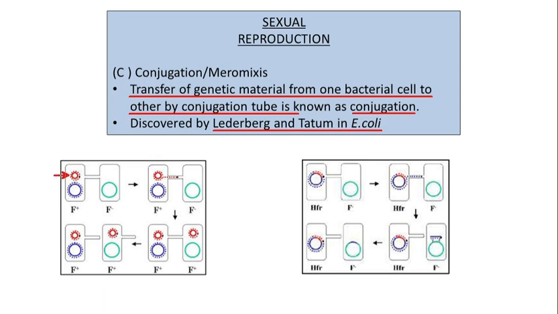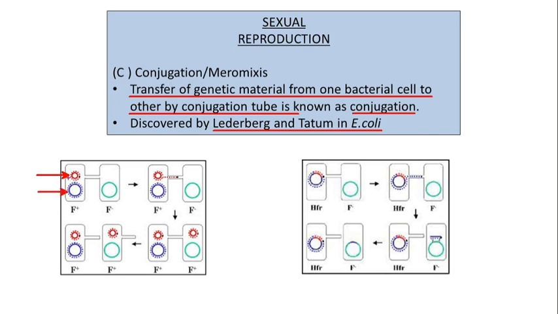In conjugation we have this F factor. This is the extra chromosomal plasmid, which is also known as F factor. Now this is the F factor, and this is the original DNA of the bacteria.